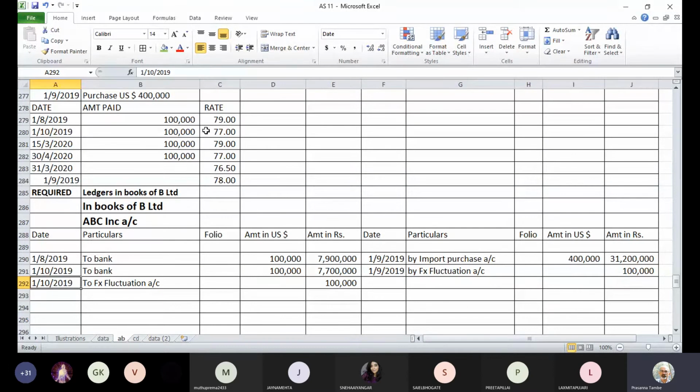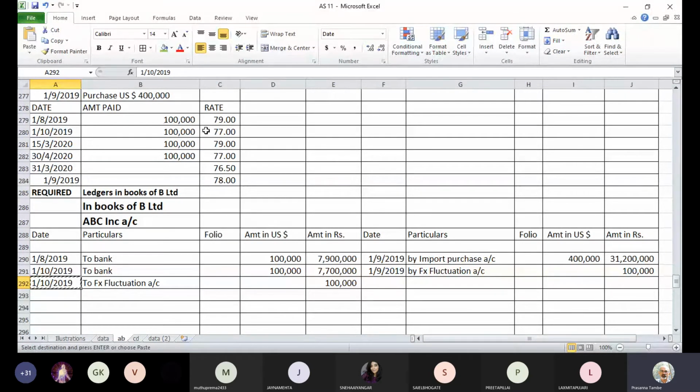Am I clear to you on this? Yes. You have passed the entry ABC Incorporated account debit 78 lakhs, 77 lakhs towards bank payment and another 1 lakh towards transfer of gain. So effective entries: ABC Incorporated debit 78 lakhs, to bank 77 lakhs, to FX fluctuation account 1 lakh rupees, which is a gain.